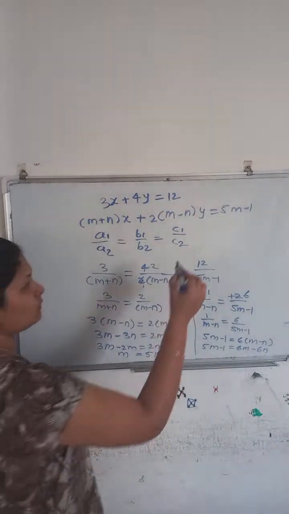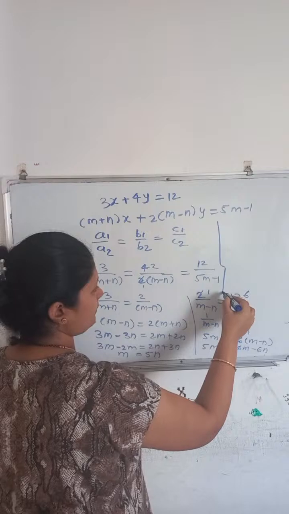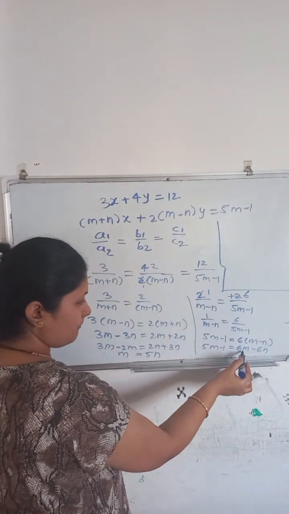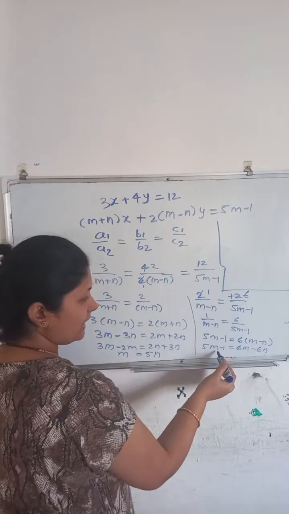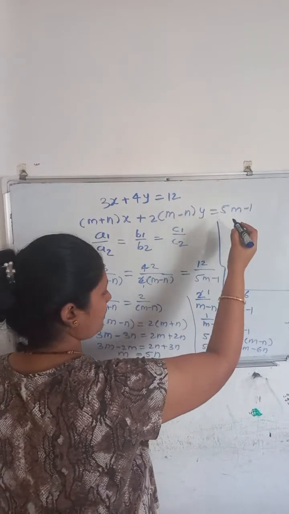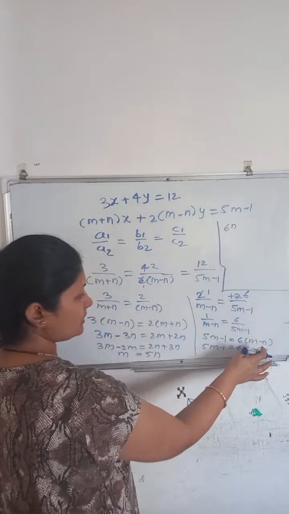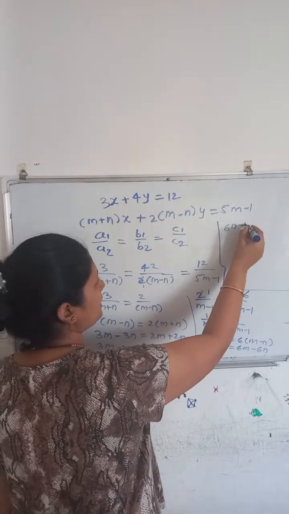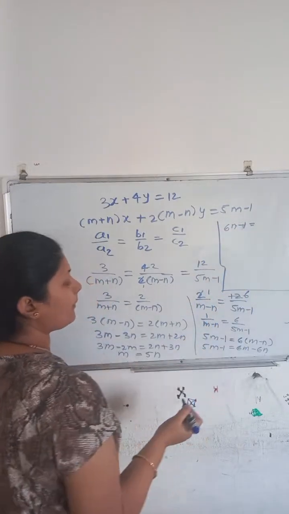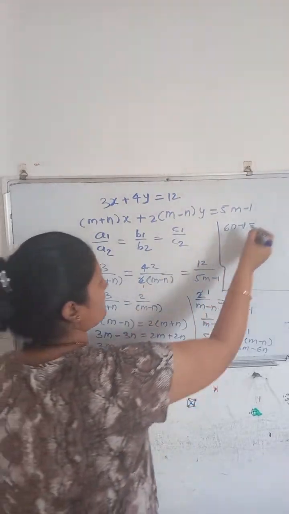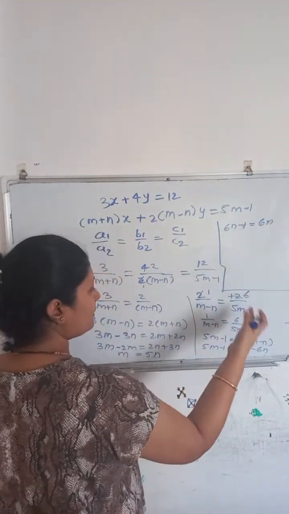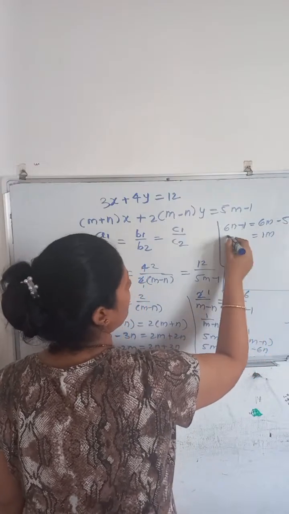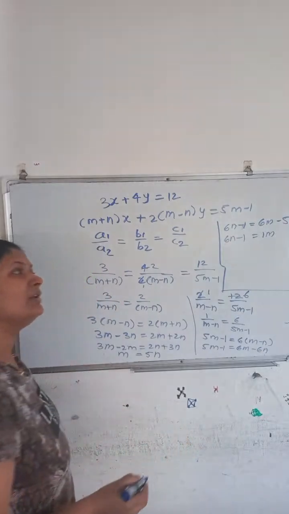Now what we can do, I will continue here. So this 6n you can transpose to this side, and 6n will become positive when you transpose to this side. Along with that, this minus 1 is also there, equal to 6n, and this 5m will go to that side, it will become minus 5m, that is 1m. So 6n minus 1 equals m.